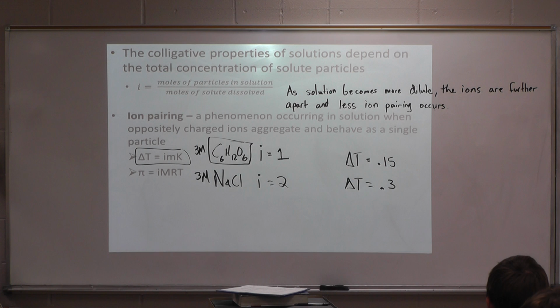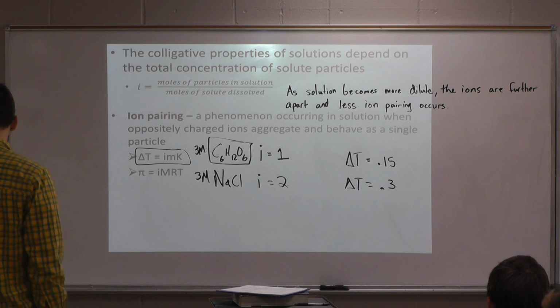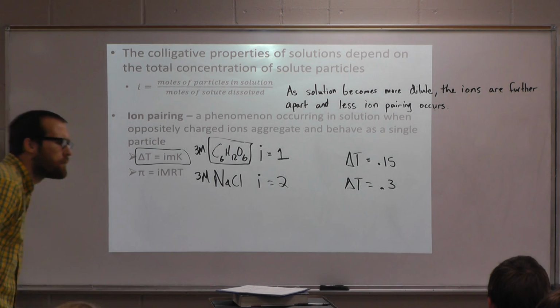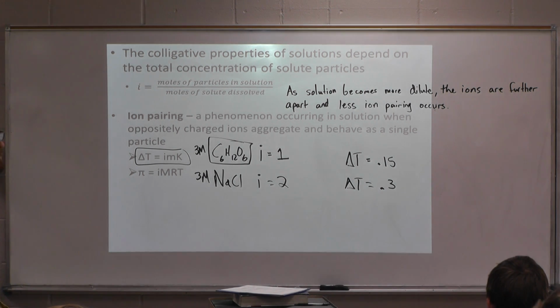It's just like pressure when volume is decreased and they're just closer together or farther apart. Ultimately, when you've got a dilute solution, you have less particles in the solution, correct?